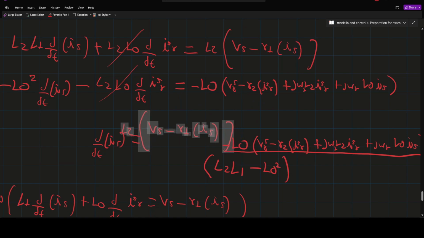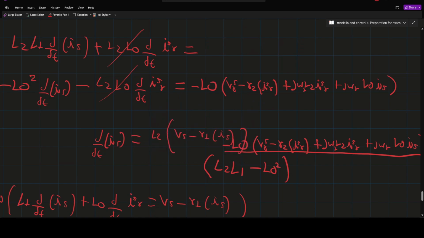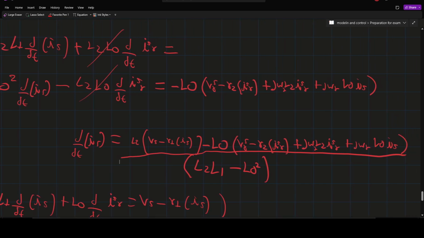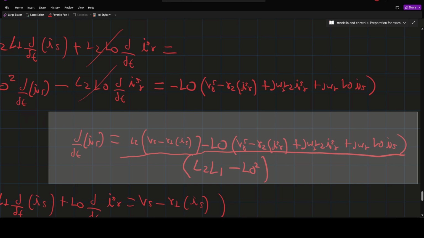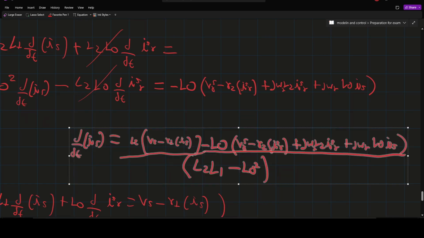Probably you were telling me in the video that I made this mistake. Now we are talking. Now this is our equation for our Is. I was missing this term.